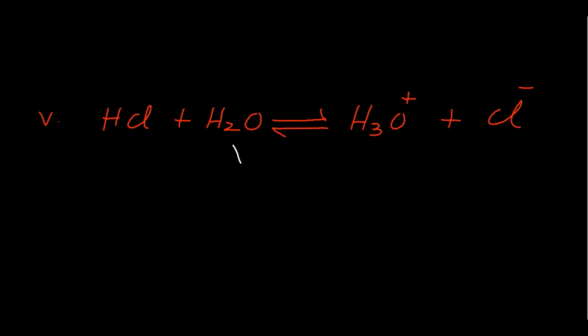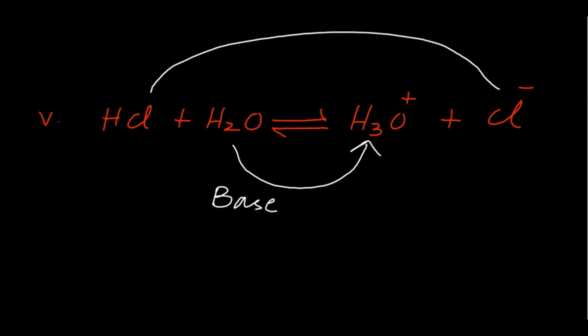In this reaction, students, we can notice H2O changes to H3O after accepting one proton from HCl. Since H2O is proton acceptor, that's why it is Bronsted base. HCl changes to chloride ion after donating one proton to H2O.